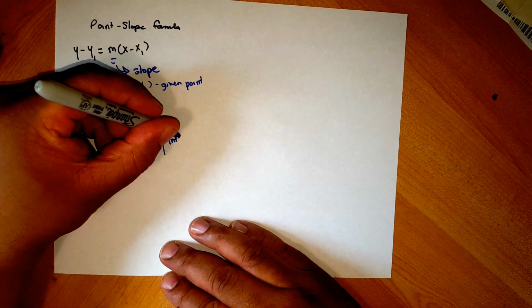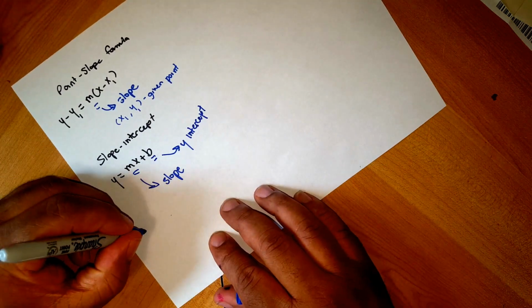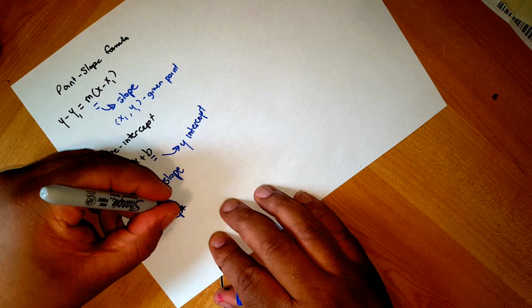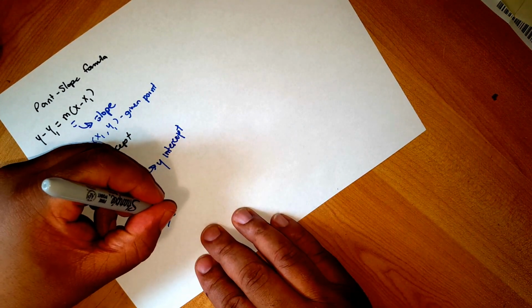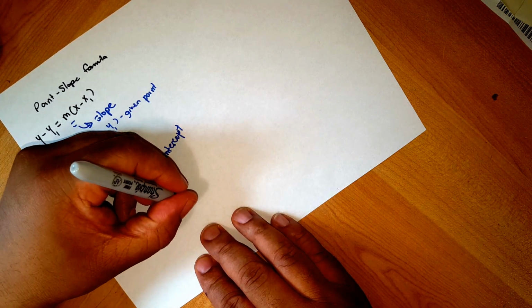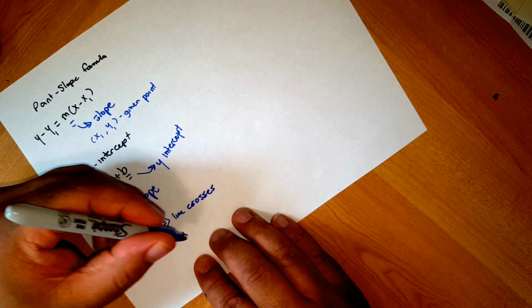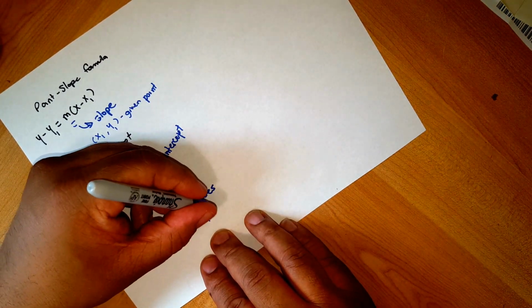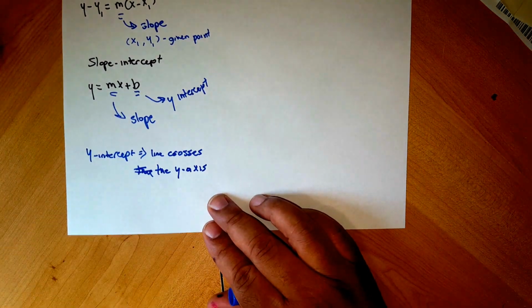The y-intercept, in case you don't remember, write the definition down. Y-intercept is just where the line crosses the y-axis. Okay? So that's all that is.